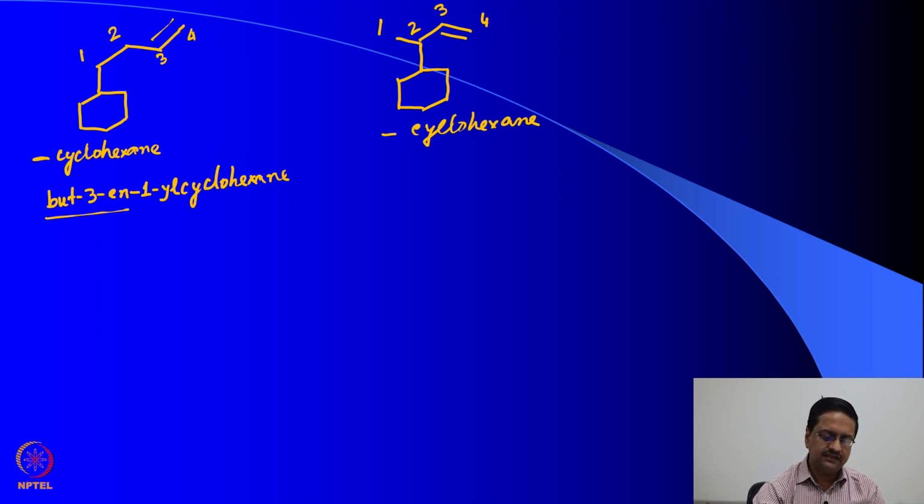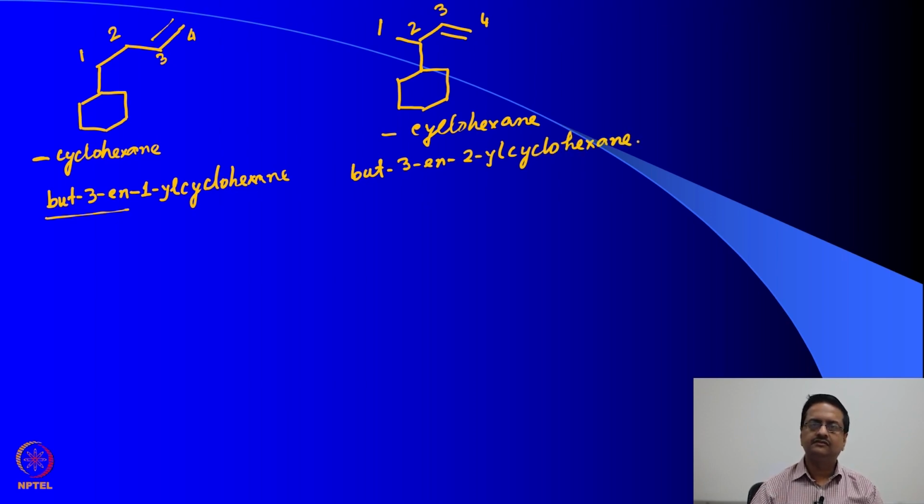So, you can easily understand that the name of this compound should be but-3-ene, 2-aryl cyclohexane. So, this is how one should number a cyclic compound with a complicated chain outside the ring.